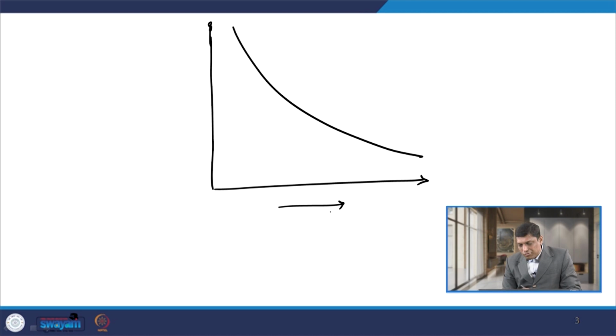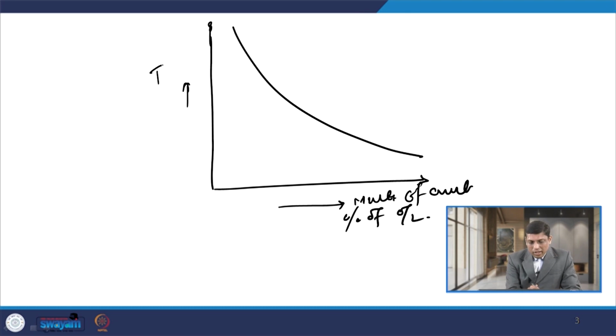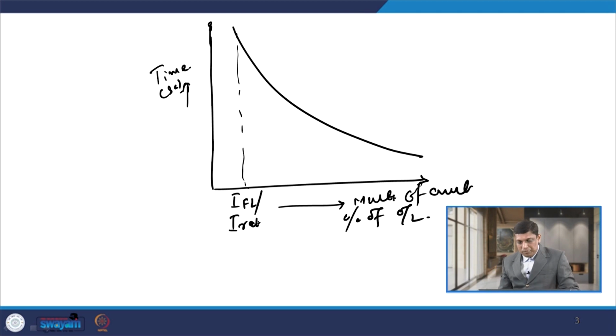On the x axis we have the multiple of current, or sometimes the percentage of overload, and on the y axis we have time in seconds, and this point is your full load current or the rated current of the equipment, say 100 ampere. So, what does this graph indicate? If I select any value from this graph, let us say this point.